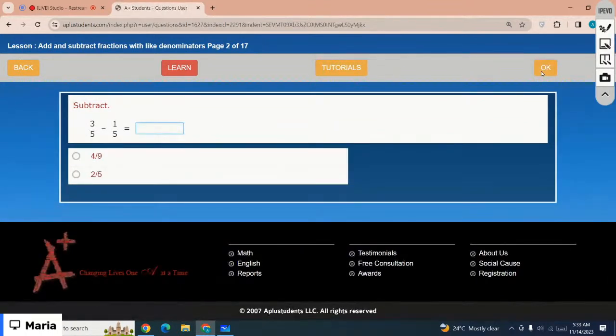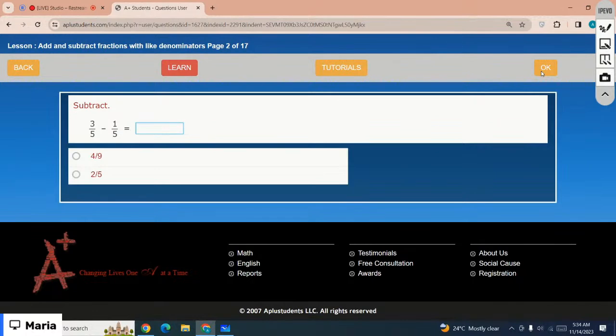Okay, 3 by 5 minus 1 by 5. Which is the correct option? Again, they have like denominators.